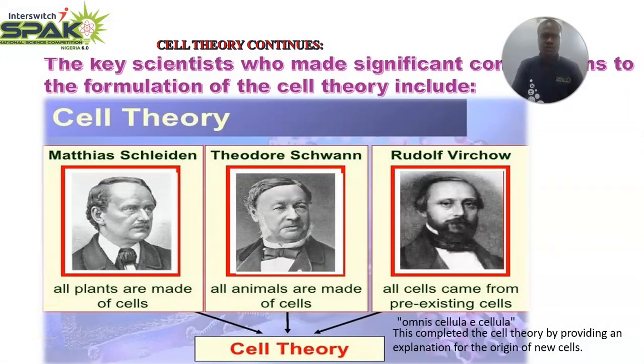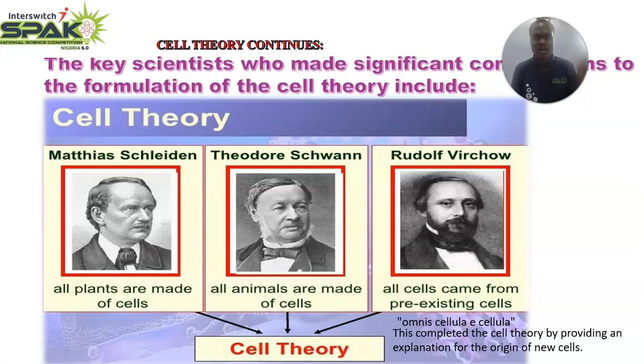Now briefly, there are three scientists that made significant contributions to the development of the cell theory. The first is a man by the name Matthias Schleiden in 1839. This man worked on different types of cells and came up with a statement that he had worked on the bodies of so many plants and discovered that all the plants he worked on are made up of cells.